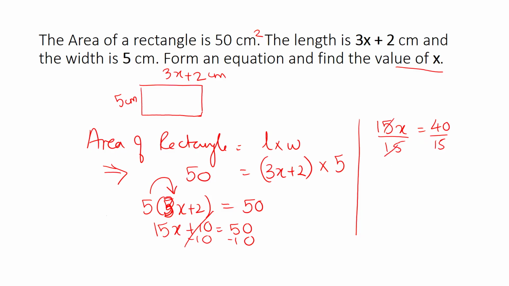So that is cancelled down. X equals, if I simplify this, dividing by 5 top and bottom, 8 over 3.